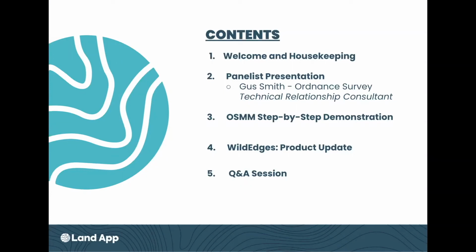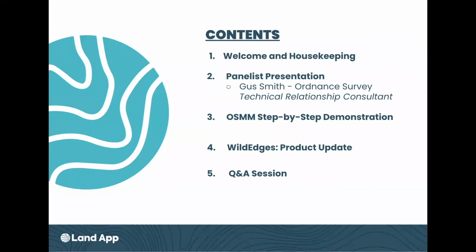I've done the housekeeping, which is great. In a moment, I'm going to hand over to our panelist, Gus Smith from Ordnance Survey, who's the technical relationship consultant. And then once Gus has finished his presentation, we're going to be looking at how the Land App now can serve Ordnance Survey Mastermap, a bit of a step-by-step demonstration, and the use cases. We're not going to cover them all, but hopefully we'll cover the generic ones that you'll all need if you are going to engage with Mastermap.